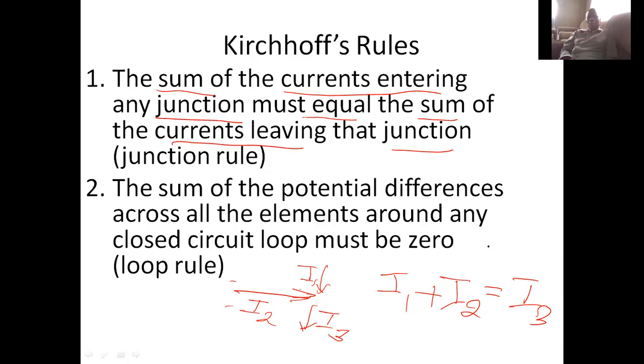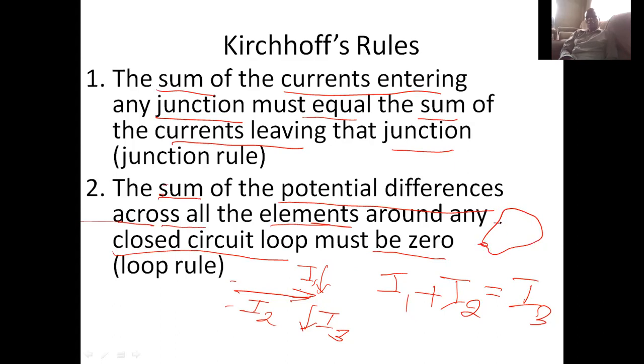In other words, you add all the potential differences across each element, and that should be in a closed circuit, meaning that you start from somewhere and come back to the same point, meaning you are making a circle. A loop can be, for example, starting from here, a loop can be like that.